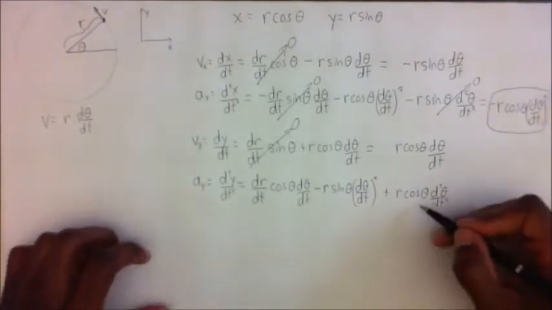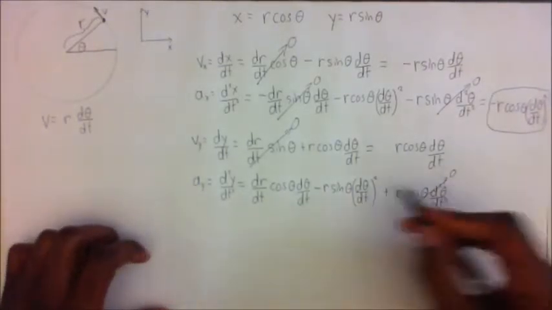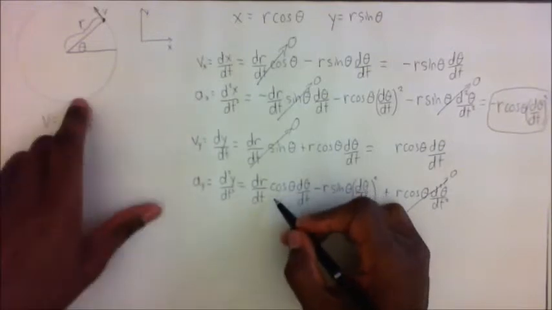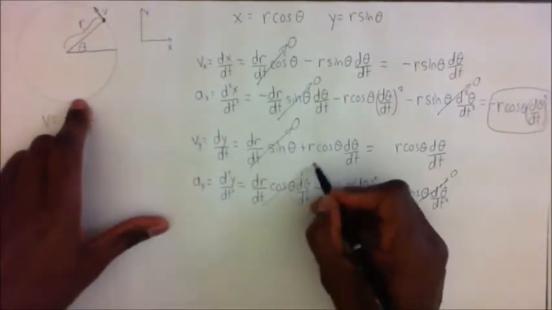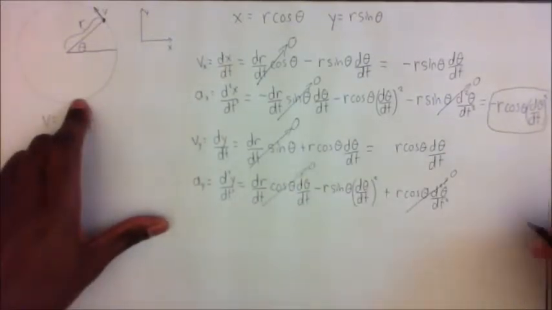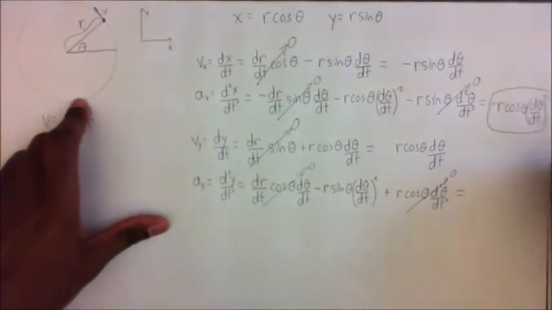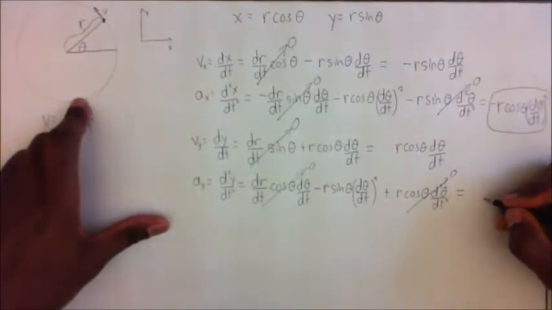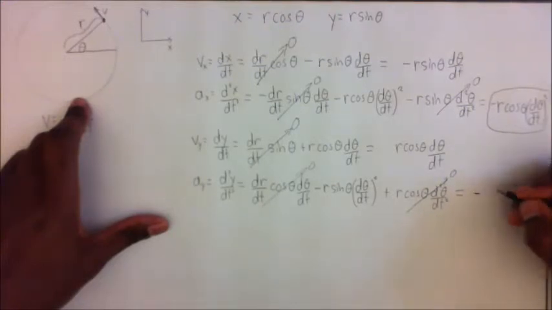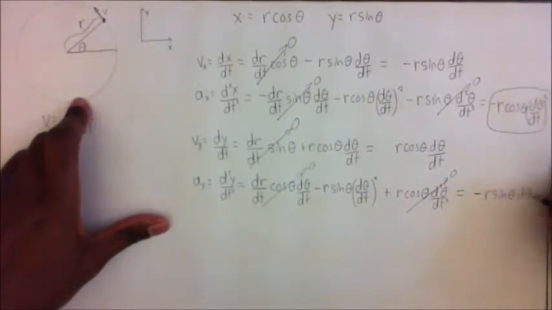Again, angular acceleration is 0, so that goes to 0, and the rate of change of the radius with respect to time also goes to 0. So the acceleration in the y direction is going to be equal to minus r sine theta d theta over dt squared.